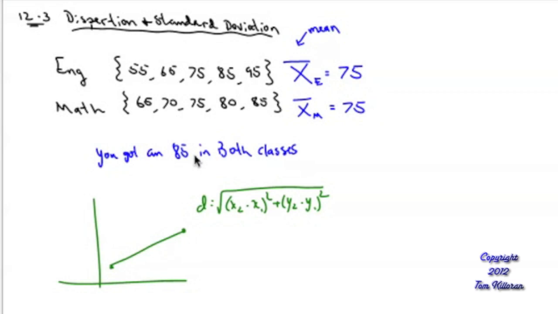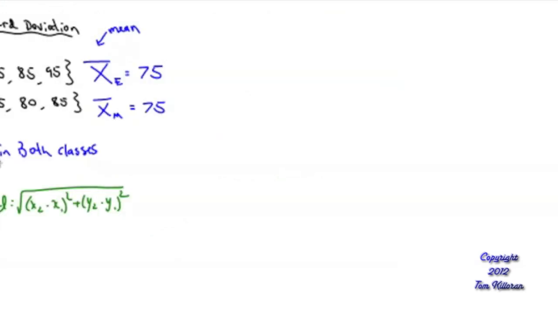Now, there's an extension on the distance formula. This has 2 axes, but you can have as many axes as you want, and that's what we're going to do with stats. And the other thing we're going to do is treat one of the values as x and the other one as x bar, the average. So we're going to do this calculation based on how far away we are from the mean.